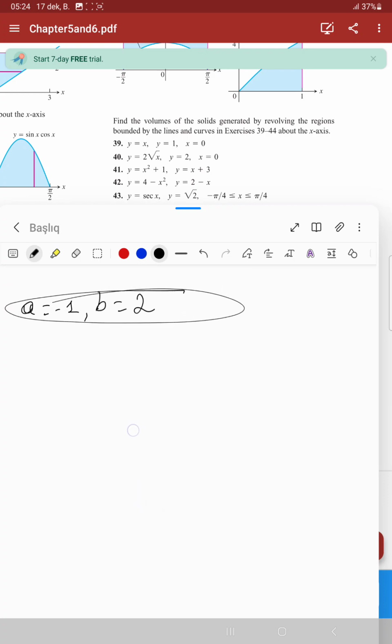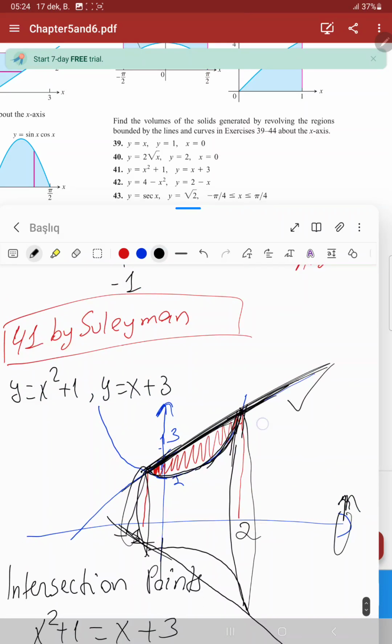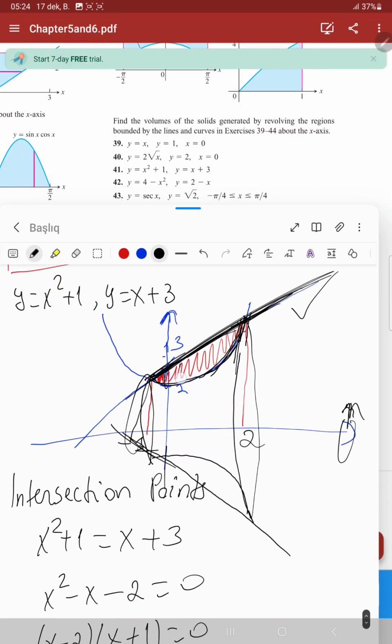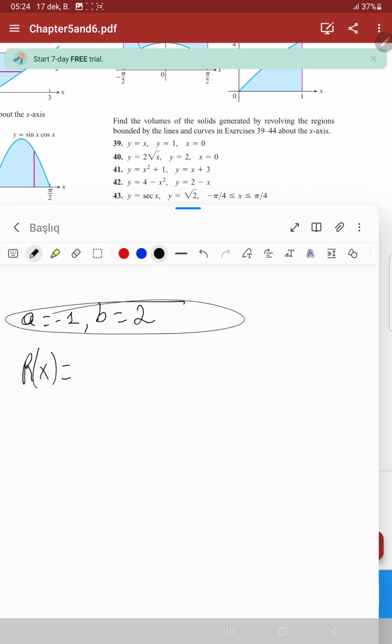It was 41, yeah. So big capital Rx will be, which one is above? This one, yeah, and the area is this, so y equals x plus 3 will be our capital Rx, and the little one will be x squared plus 1.